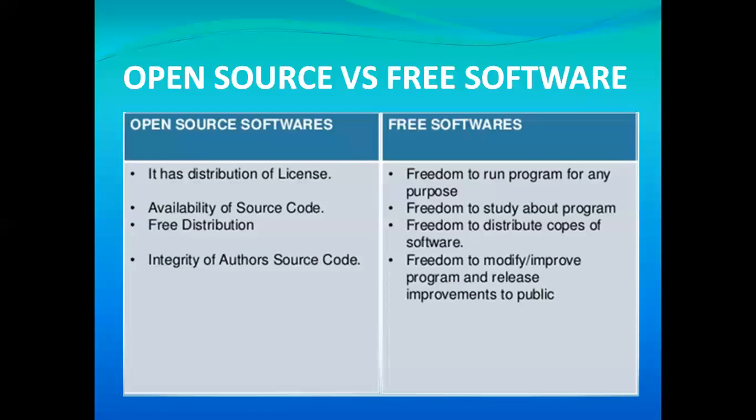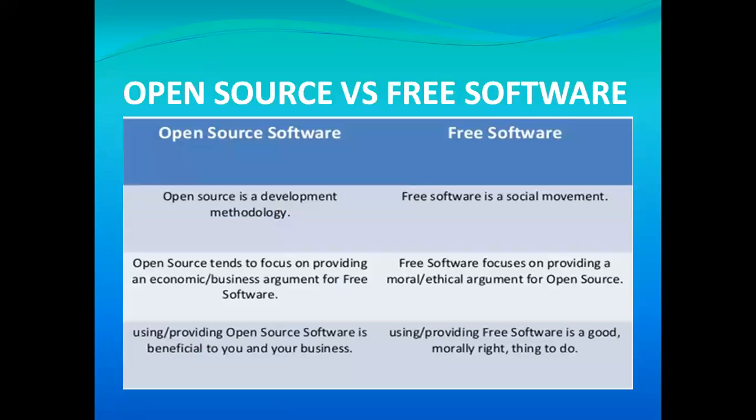So, free software talks about freedom, while open source software provides you the source code to be able to modify the software or the code. Open source is a development methodology, meaning the method of developing the software, and that is the focus of open source.